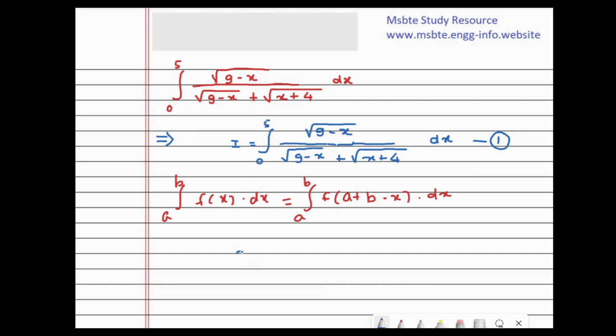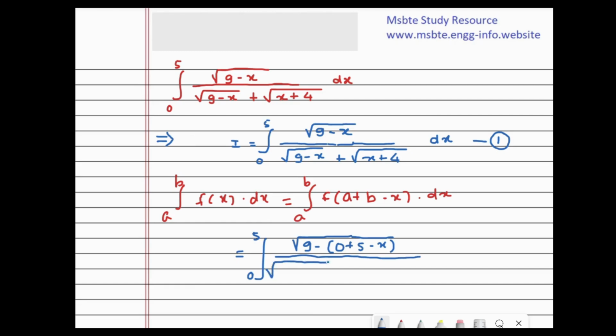So the integral after applying the property will look like this: 0 to pi under root 9 minus x. So wherever there is x, we will replace it by a plus b minus x, and a plus b is pi. So simply you can ignore 0 and write pi minus x also. At all 3 places, we will apply the same thing.